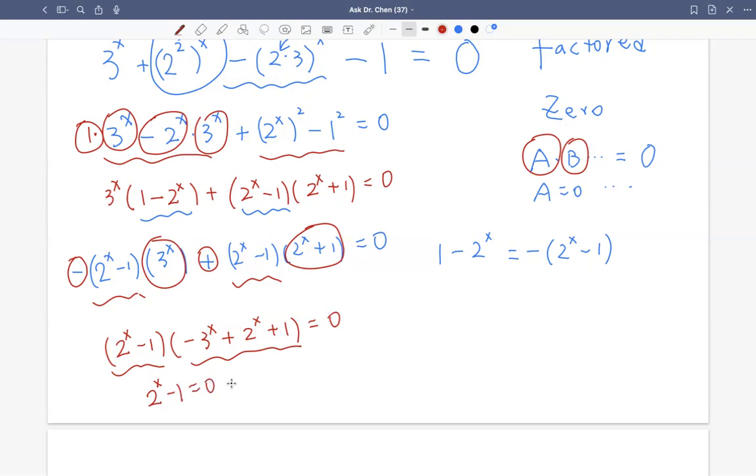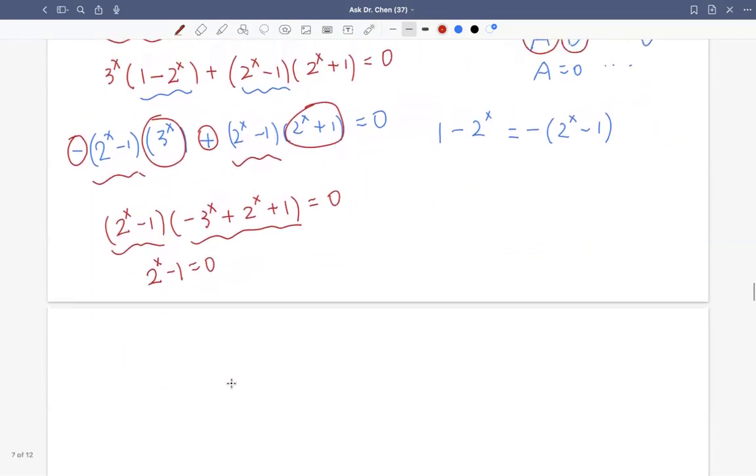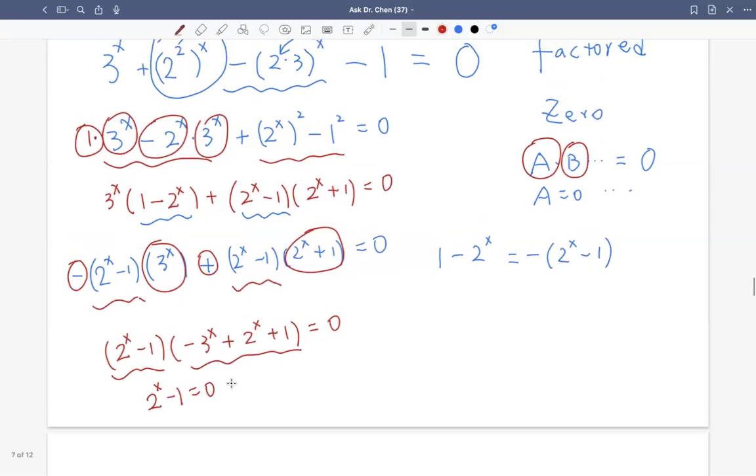So solve this one. Let's keep it on one page. We can rewrite as 2 raised by x equals 1, with plus 1 on both sides. Well, 1 can be written as 2 raised by 0. So for this one, we have a solution x equals 0. Now the second factor can be 0.